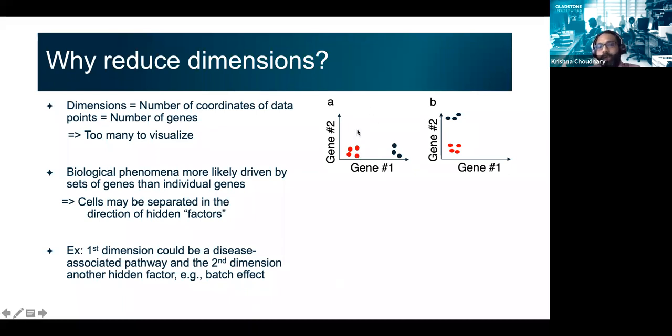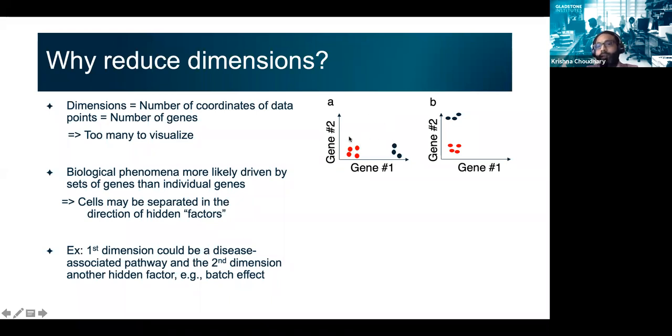In that case, we may find that our data is distributed something like this, where the healthy cells have very low values for gene 1 and the disease cells have very high values for gene 1, while along the axis of gene 2, we don't see any relevant or useful variance or spread.